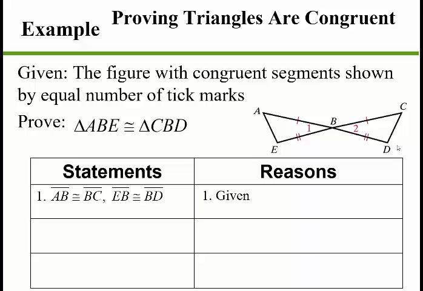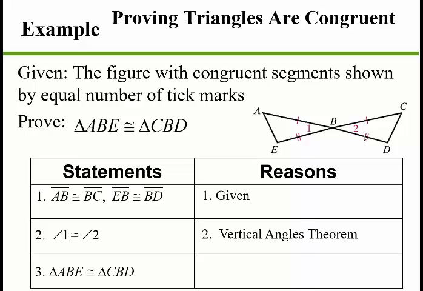Now I want the included angle, so I want to say that angle 1 is congruent to angle 2. Just by looking at it, angle 1 is congruent to angle 2 by the vertical angles theorem, because these two are vertical angles. So now I have side, angle, side, congruent. So triangle ABE is congruent to triangle CBD, by the side, angle, side postulate.